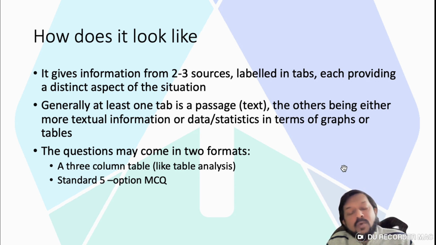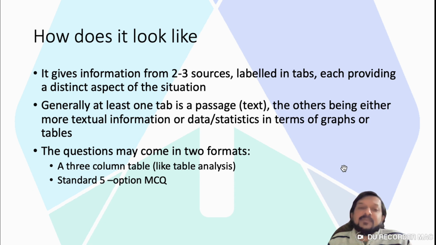Now, generally the type of questions that have come is that one tab will give you a complete passage or a text. The second tab gives you some data or statistics, whether in terms of a table or any other type of diagram. And the third, if any, is also a mixture of text as well as some data or statistics.